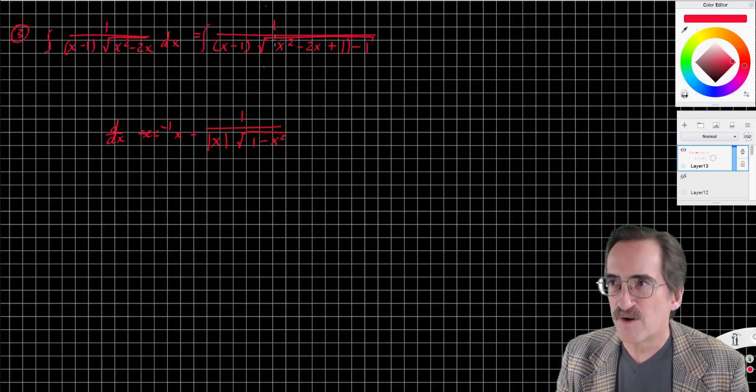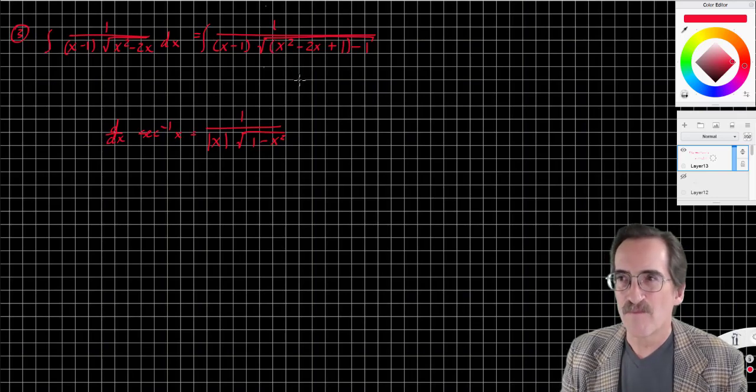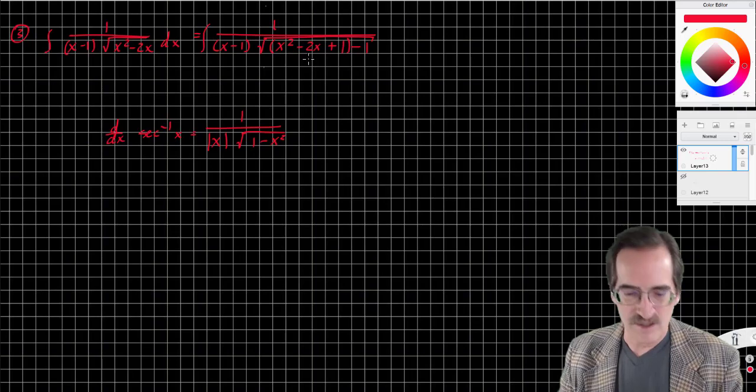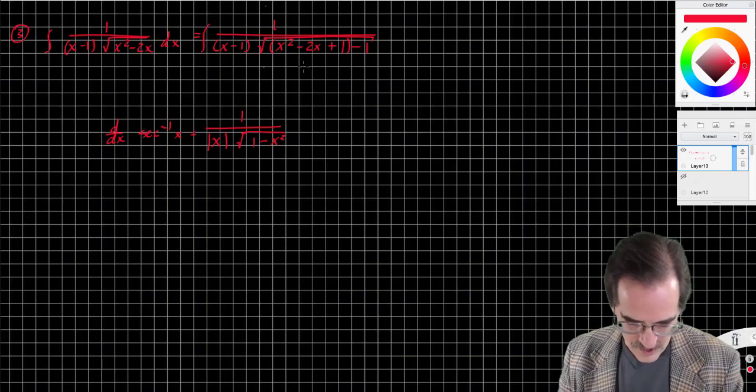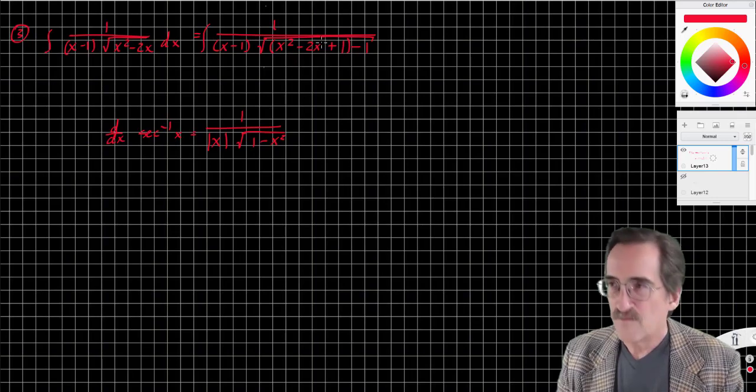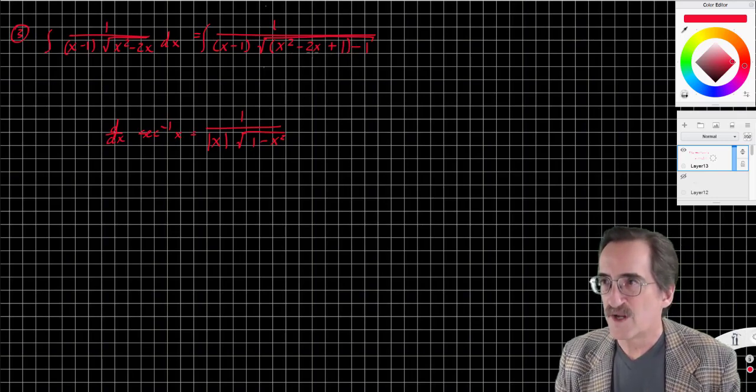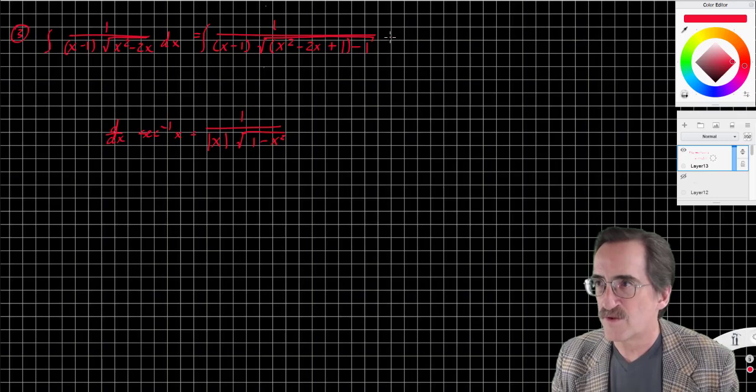Now this part is a perfect square, right? It's a perfect square. So this is x minus 1 squared. So let's rewrite this here. x minus 1 times the square root of x minus 1 squared minus 1, by completing the square.